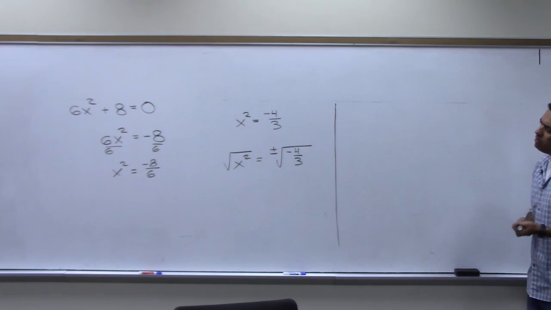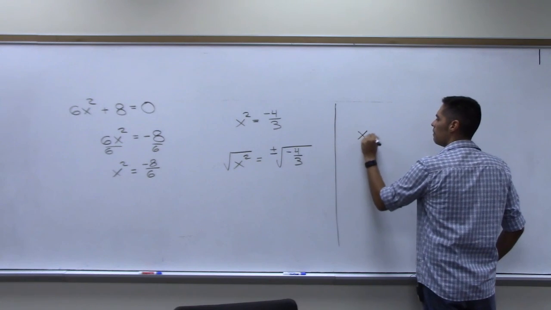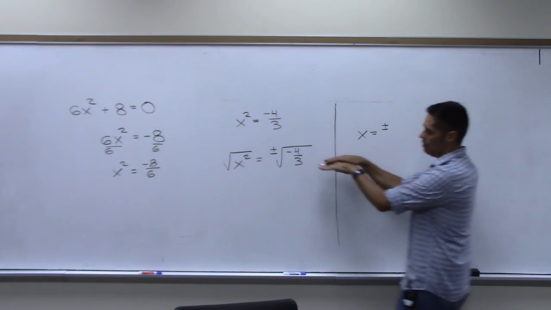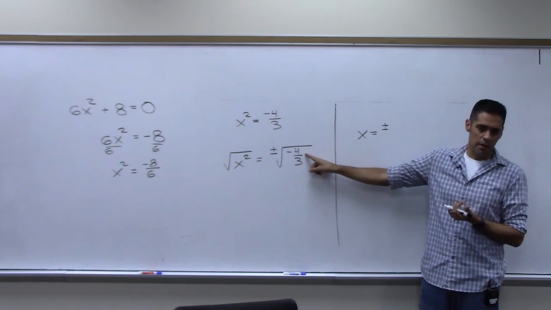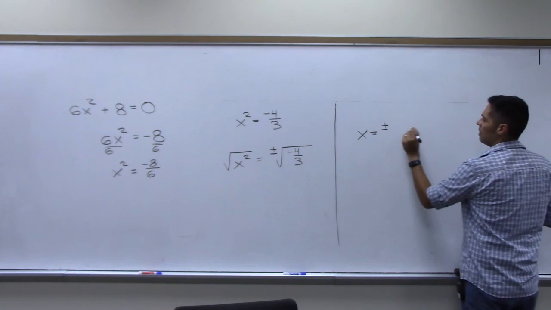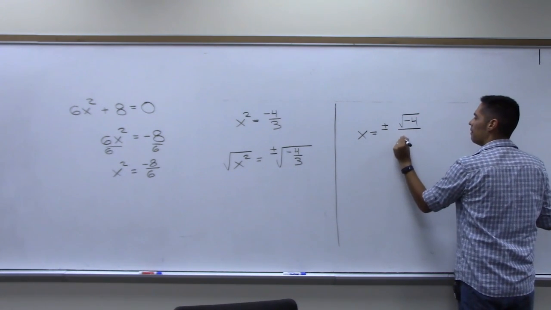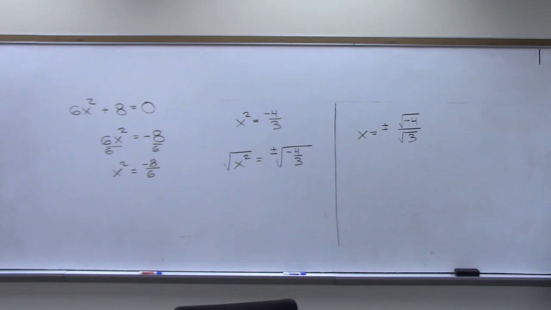All right, so what now? X equals plus or minus. Now, can I split that root into 2 pieces? I could, and I'm doing that because 4 I recognize as a perfect square. And actually, it's negative 4, isn't it? Negative 4, great. What am I going to do there? Can I take the square root of negative 4?